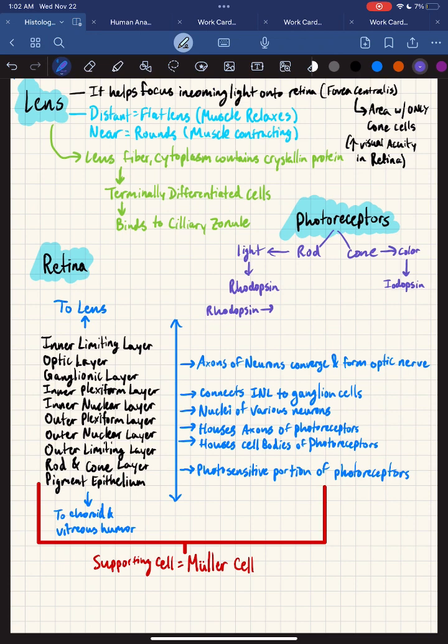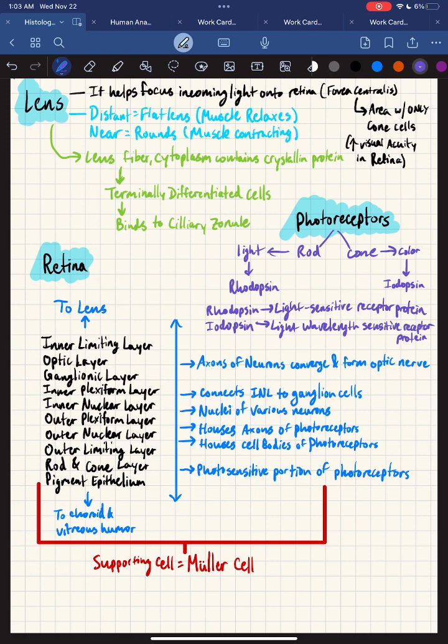So, rhodopsin is a light sensitive receptor protein. And iodopsin is a light wavelength sensitive receptor protein.